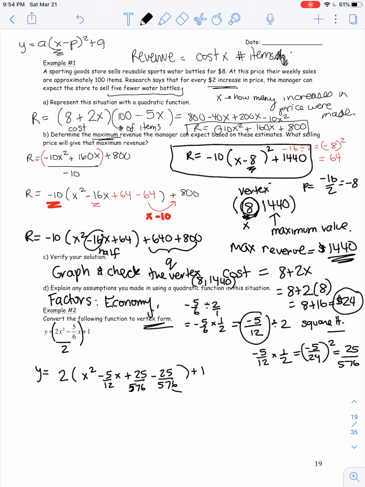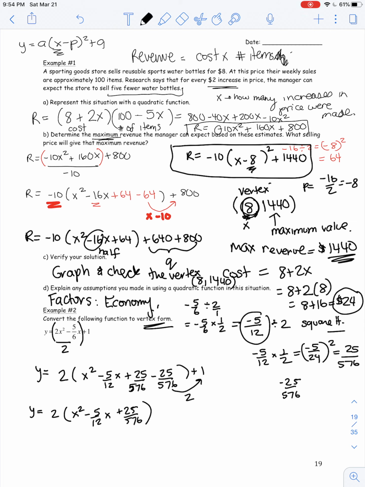Our next step is always to remove this negative value, but we're going to have to multiply it by 2. So we're going to have y equals 2 in brackets, x squared minus 5 over 12x plus 25 over 576. And then over here at the side, I'm going to do the negative 25 over 576.